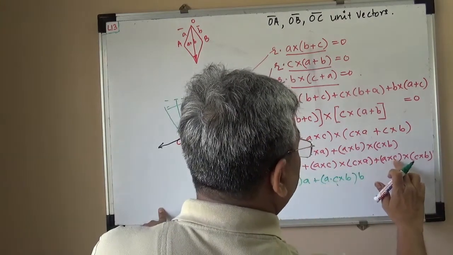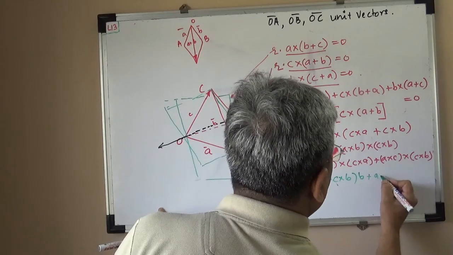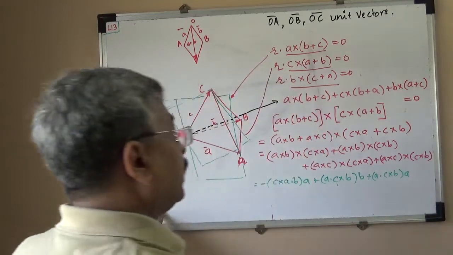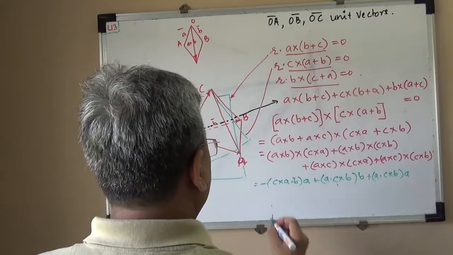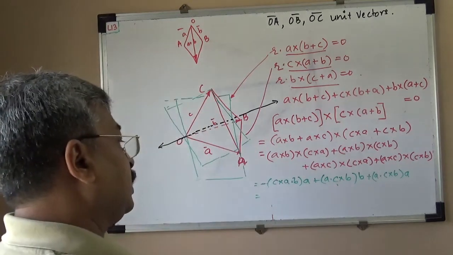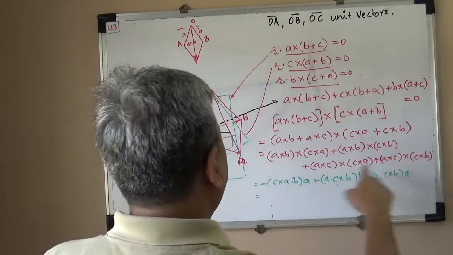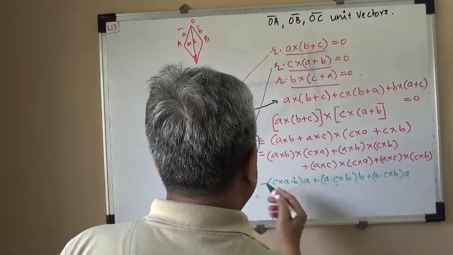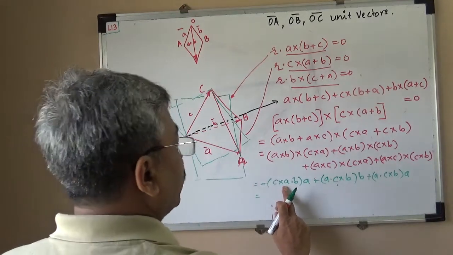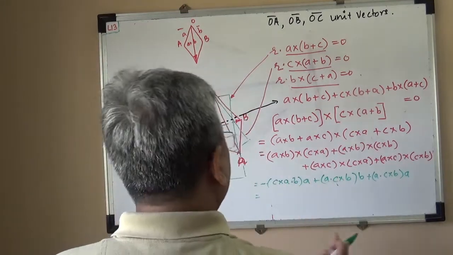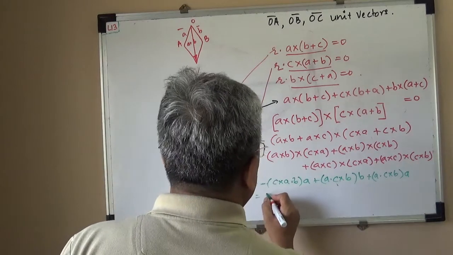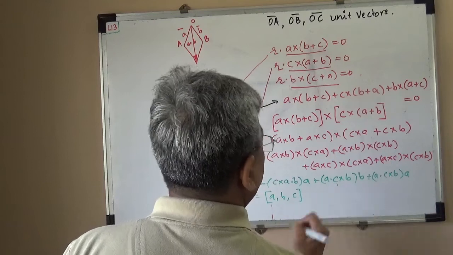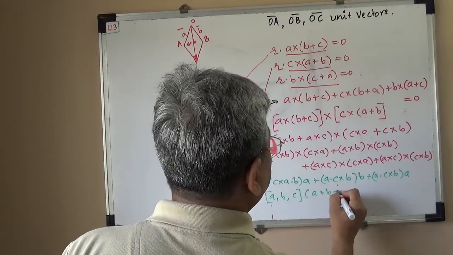If this goes here, then plus A dot C cross B times A, and then it is 0. So the only term is ACB, the negative sign is not in the order, and therefore I can absorb it in this bracket, and then it becomes ACB. So maybe with some correction, I know it is ABC times A plus B plus C.